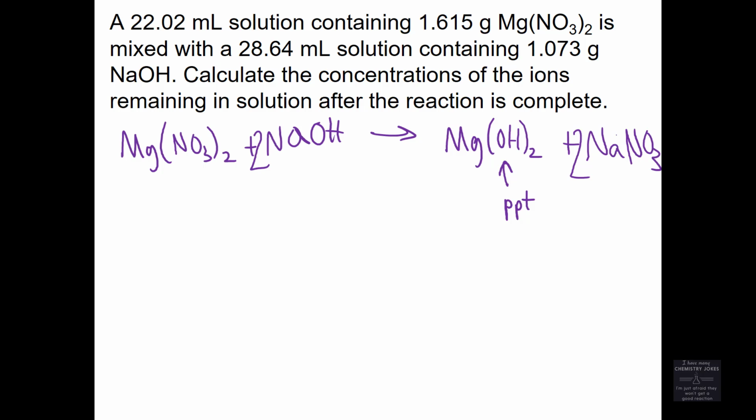But the way to work through the whole thing, in order to calculate the concentration of all the ions in solution after the precipitate, you really need to know who's the limiting reactant, because you're going to have some leftovers of the non-limiting reactant. But let's adjust this problem to say, calculate the concentrations of the spectator ions remaining in solution after the reaction is complete. Only the spectators. So that really means sodium and nitrate alone.